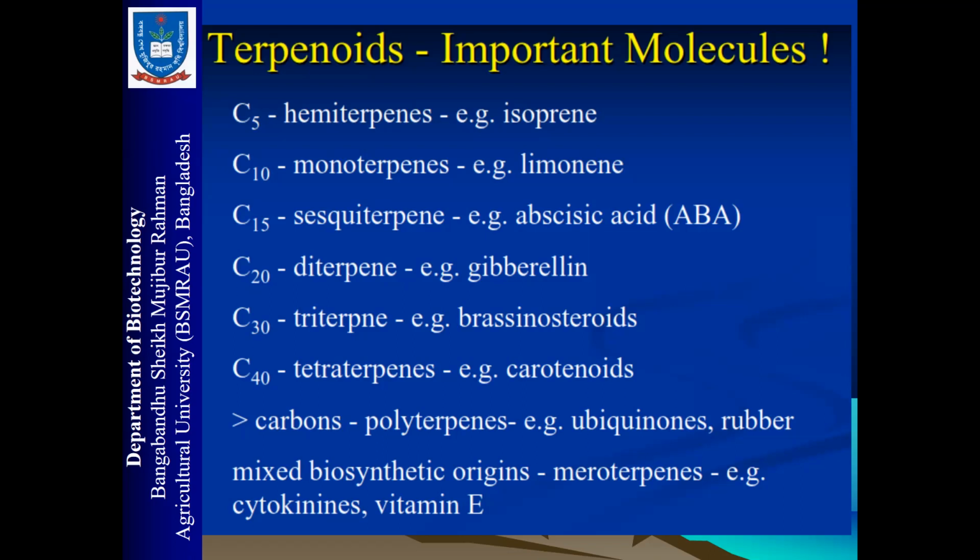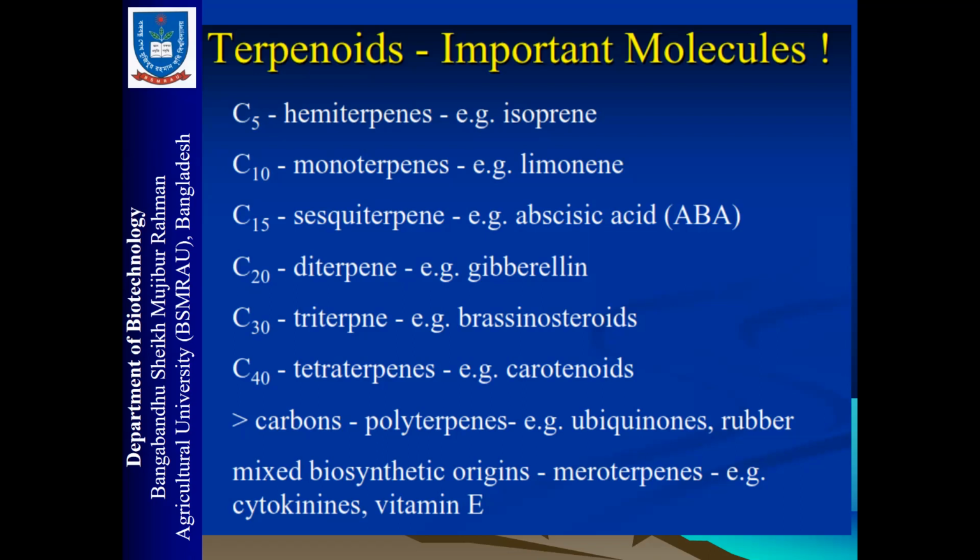Monoterpenes, limonene. Sesquiterpene, abscisic acid, a very famous phytohormone. Diterpenes, gibberellin is another important phytohormone. Triterpene, brassinosteroids. Brassinosteroids are also important compounds which act like phytohormones in plants, as well as being involved in different signaling pathways.